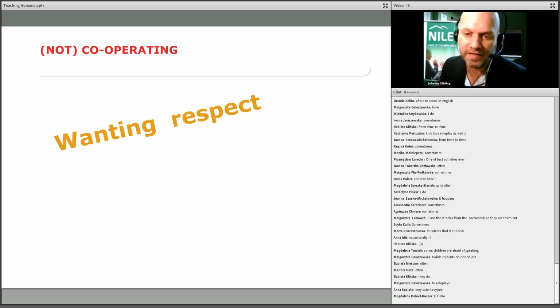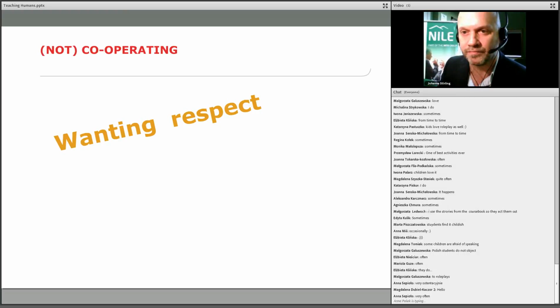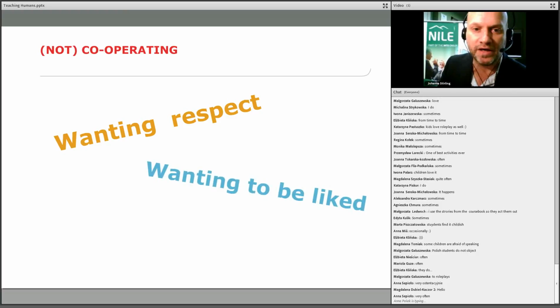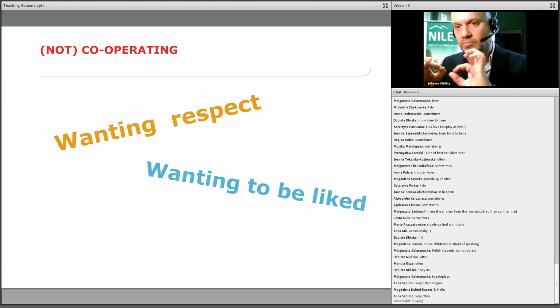And one of the things that Joe and I would say is that what we're trying to do is to respect the student's personality, to respect the student's desires, to respect the student's knowledge, what they come into the class with, that we're trying to understand that students often want to be liked by their teacher, by their peers, and sometimes that's a conflict.